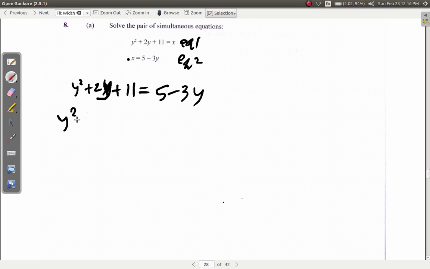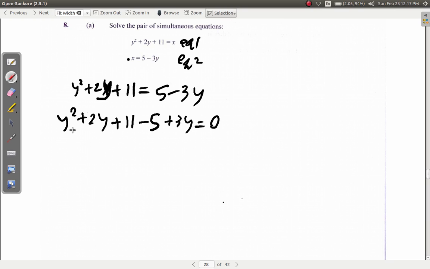We have y squared plus 2y plus 11. Subtract 5 from both sides. On the left we minus 5, on the right 5 minus itself and it's gone. We have negative 3y. If you add 3y to both sides, you will have plus 3y on the left, equal to 0.